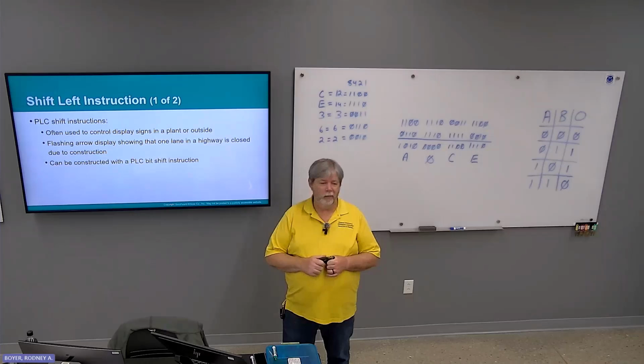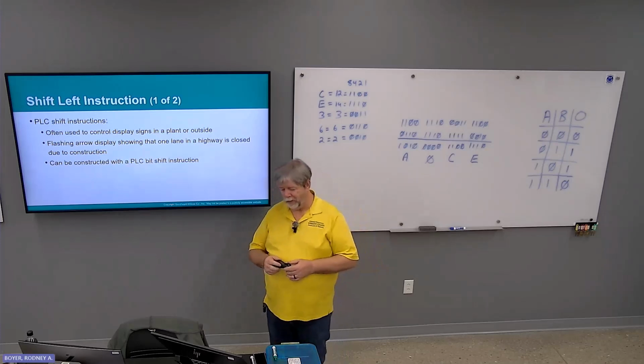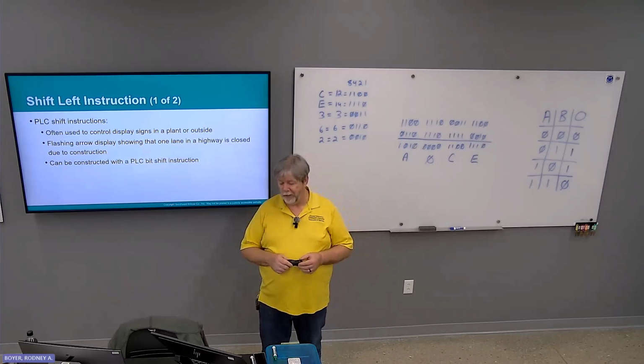Bit shift. This is what the lab is actually about today. Shift instructions are often used to control display signs in a plant or outside. A flashing arrow display showing that one lane in the highway is closed due to construction can be constructed with a PLC bit shift instruction.